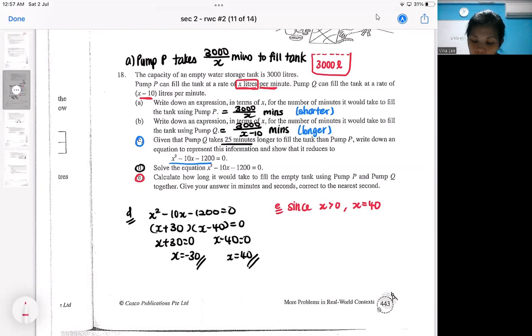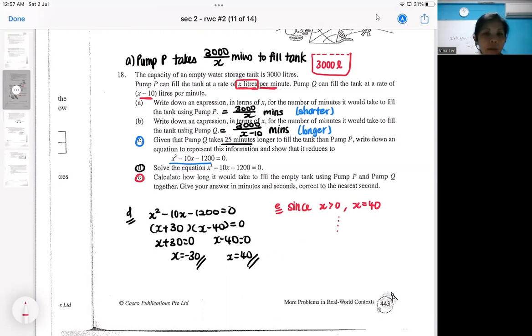So how long will it take to fill the empty tank using pump P and pump Q together? Try answering it.